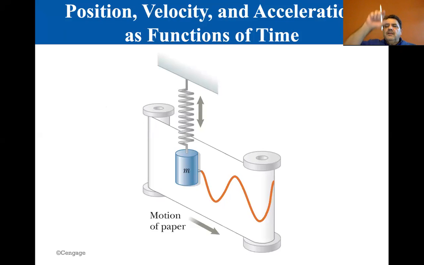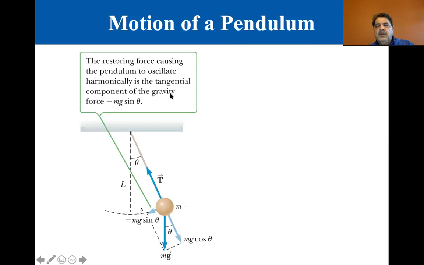As the pendulum bob goes up and down, and the paper scrolls around, you would mark out this sinusoidal wave on the paper. That's just another way of thinking about it. And I think the next we're going to go to is the pendulum, so we'll stop here.